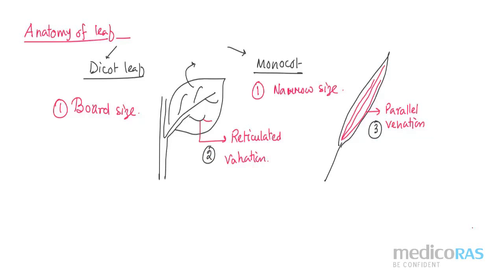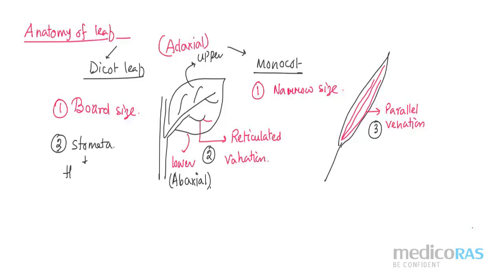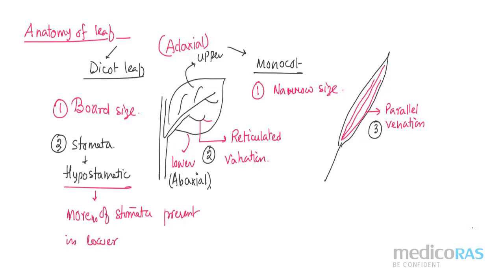Now you can see here this part, which is the upper side, is also known as adaxial surface, and the lower side of the leaf is known as abaxial surface. So in case of stomata arrangement in dicot, it is known as hypostomatic. Meaning of hypostomatic is more number of stomata present in the lower surface to check loss of water.